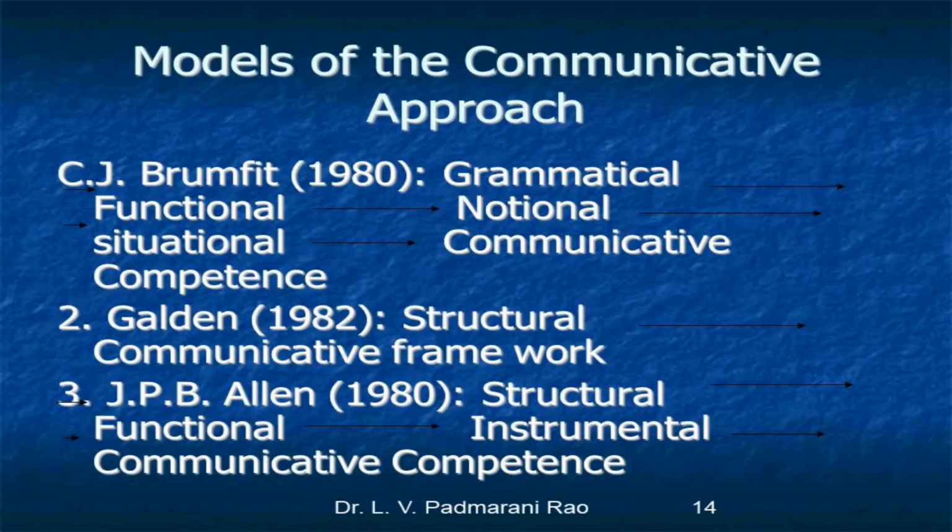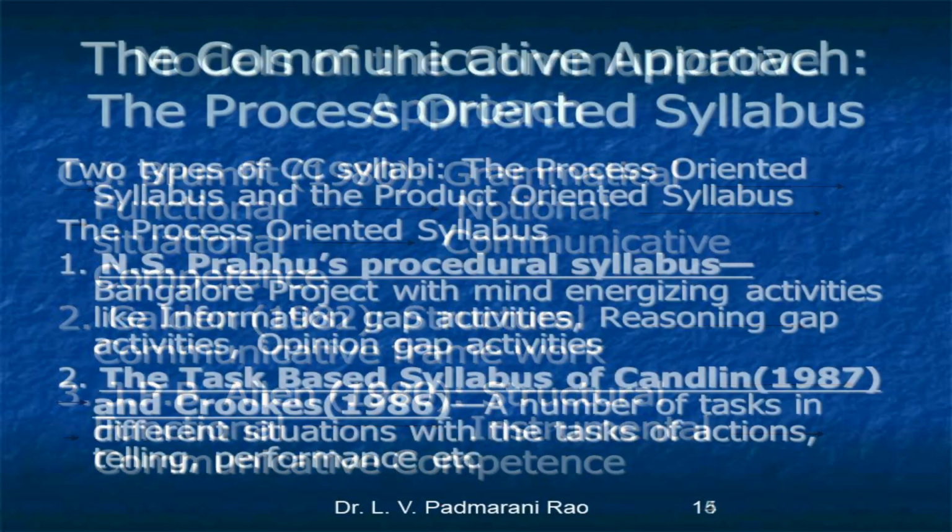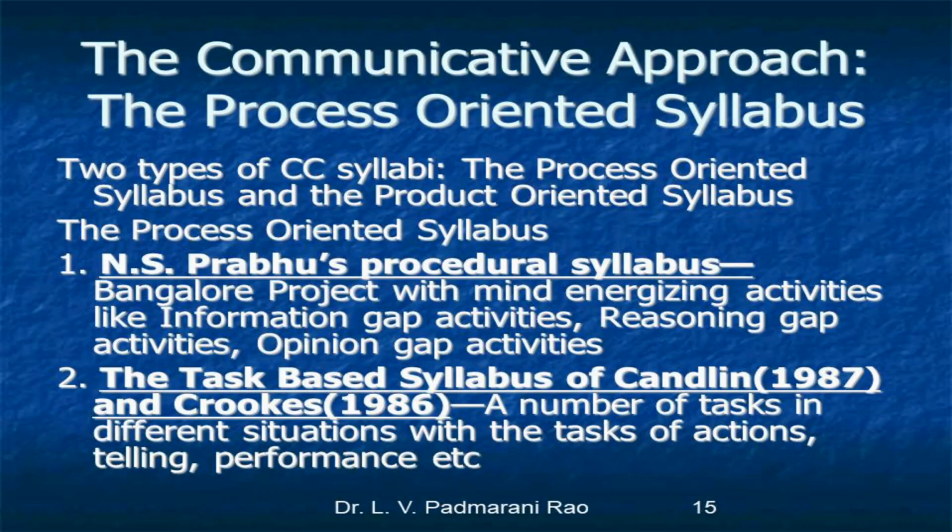J.P.B. Allen in 1980 has presented a different syllabus of the communicative approach that believed in giving importance to structural first, then functional, and then instrumental, leading to communicative competence. All these are different types of syllabi presented by different people in the 1980s to achieve communicative competence by the learners. The communicative approach believes in two types of syllabi.